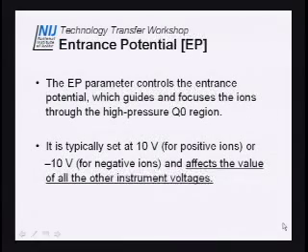It's typically set around 10 volts for positive ions or minus 10. To be honest, typically set means we kind of default sometimes to 10, but 4, 8, 7, they all seem to work fine. But they do affect the voltages for all other settings in the instrument.